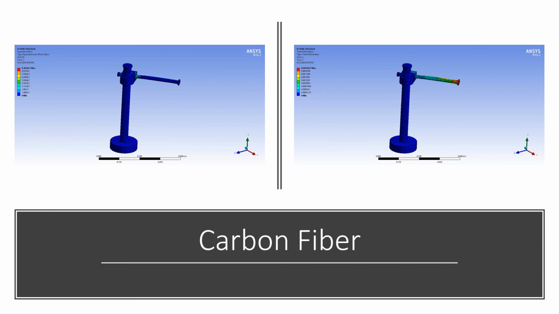So first, I'm going to compare the results from carbon fiber. This is deformation, and this is stress. So here I am considering 2 kilos of load, which is generally the load that any furnace would have in a laboratory setup, and which is equal to 20 newtons.